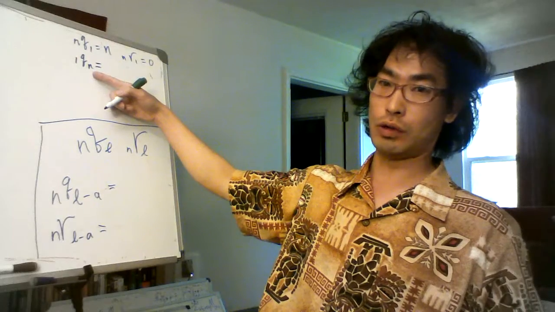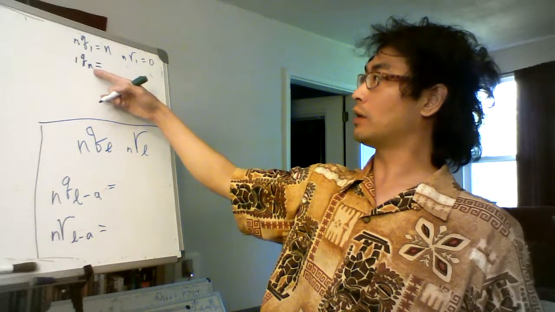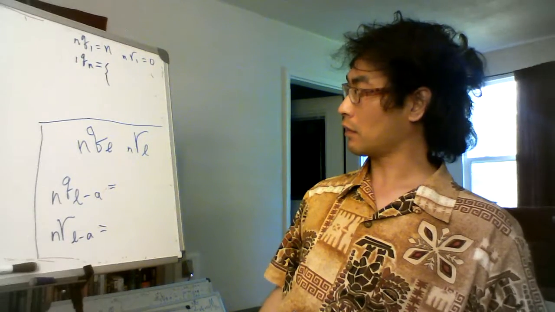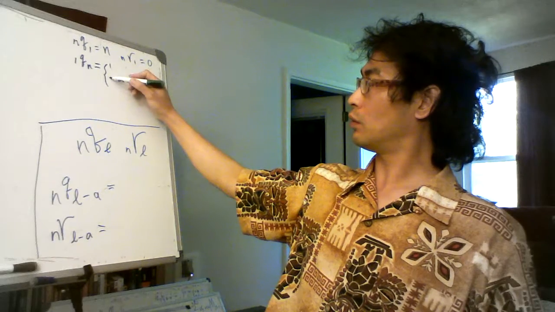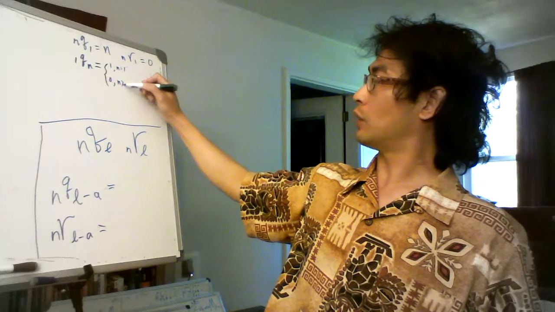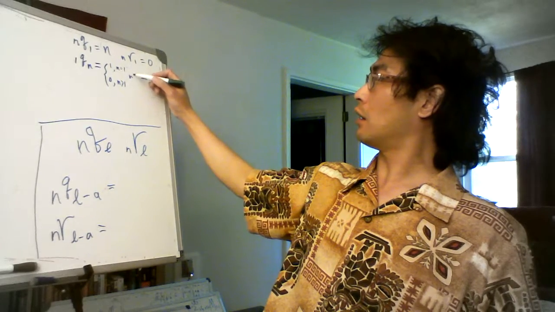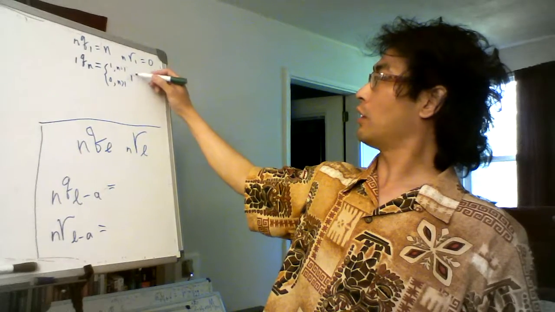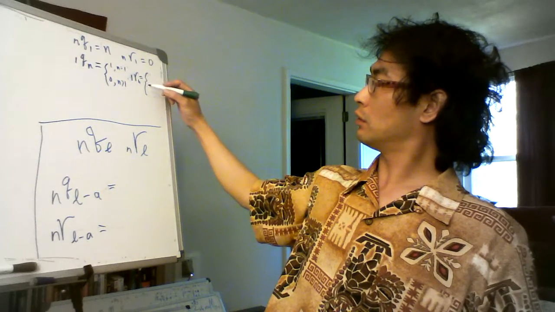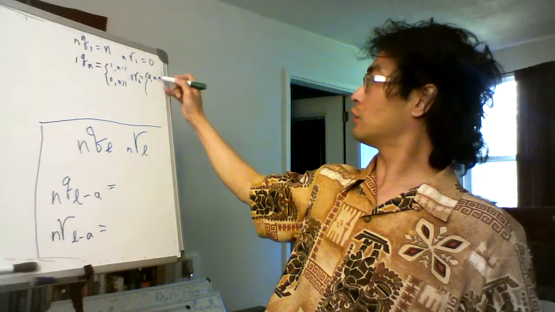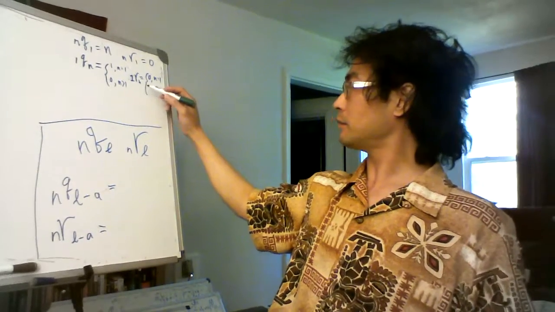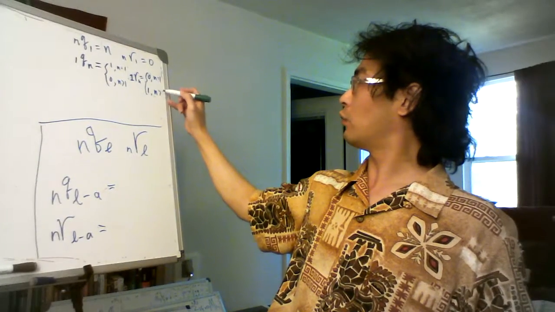If N is equal to 1, the quotient is 1, and when N is more than 1, it is 0. And 1 R N is equal to 0 when N is equal to 1, and 1 if N is more than 1.